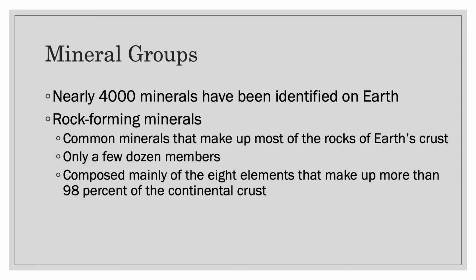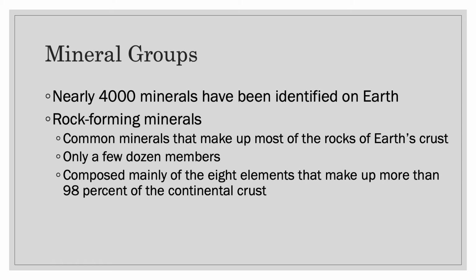So the minerals that you'll be learning to ID in lab are in fact rock-forming minerals, or common minerals that make up most of the rocks of Earth's crust. And there are only a few dozen of these minerals. The reason why there are only a few dozen is because they're composed mainly of only 8 different elements that make up more than 98% of the continental crust of Earth.